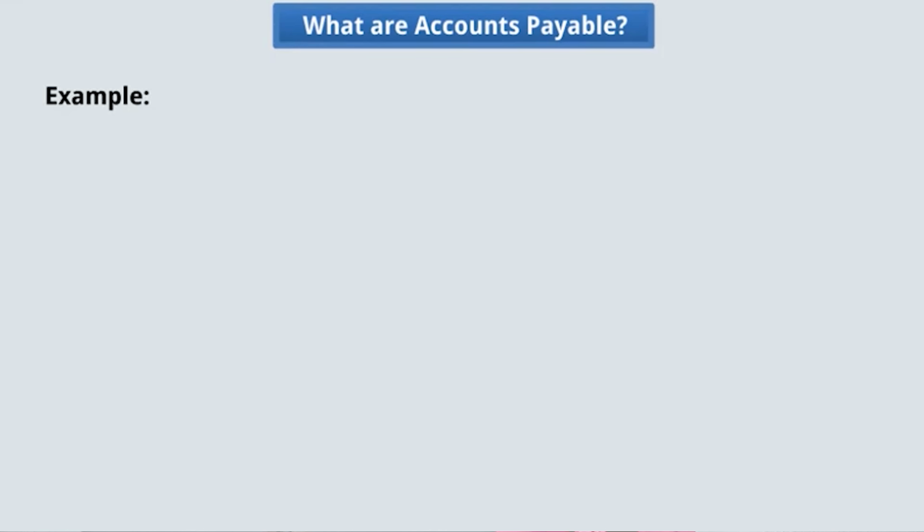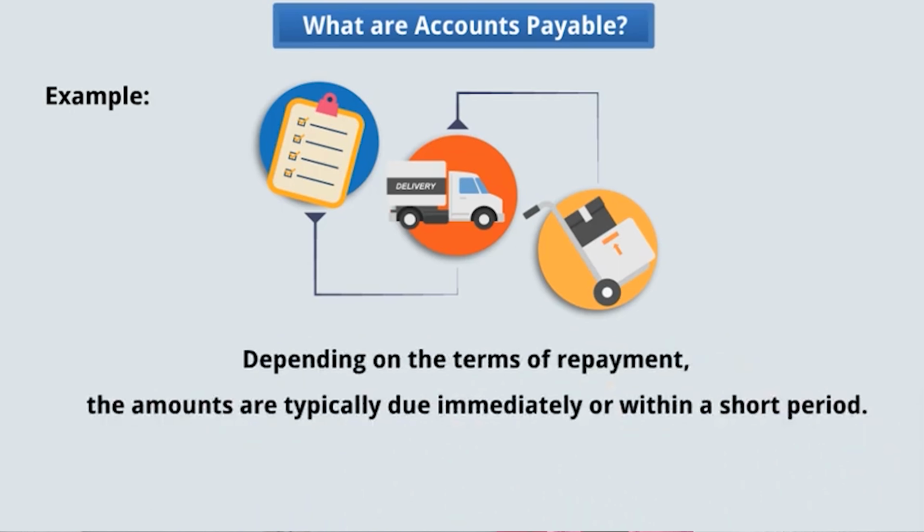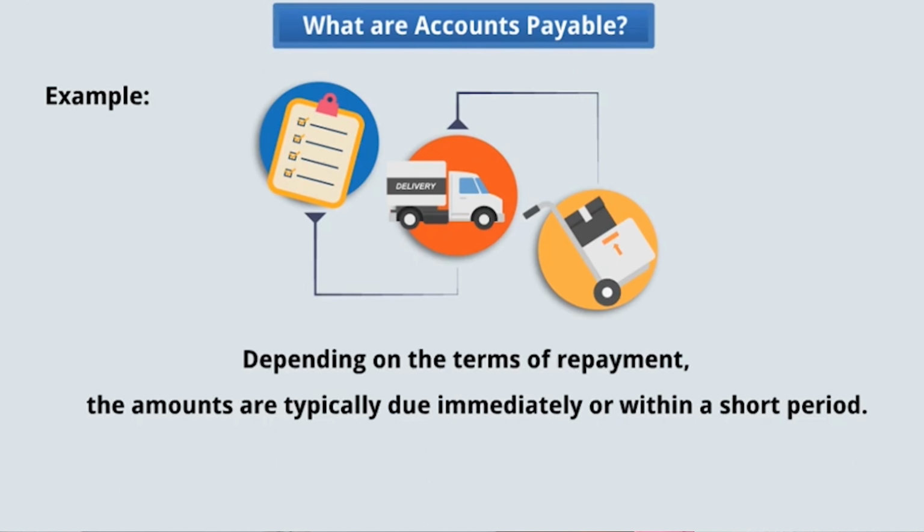For instance, assuming Bezali grocery stores bought flour worth 20,000 naira from their suppliers on credit, the accounts payable, that is the amount they are expected to pay to their suppliers, is 20,000 naira. But the creditor is the person they bought the goods from, the person they are indebted to.